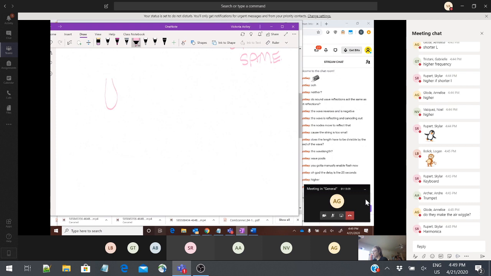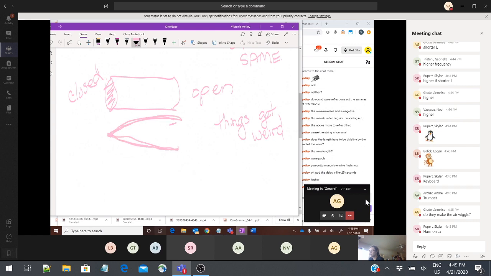If it is open at one end and closed at the other, things get weird. Because I have to have a node right here, and I have to have an antinode right here. So my patterns are going to look a little different.